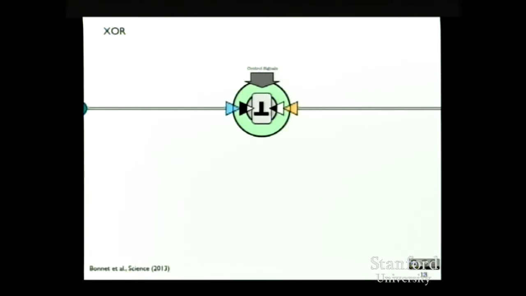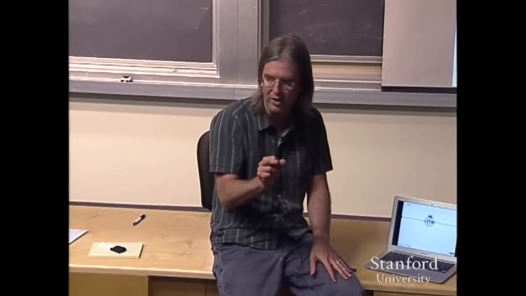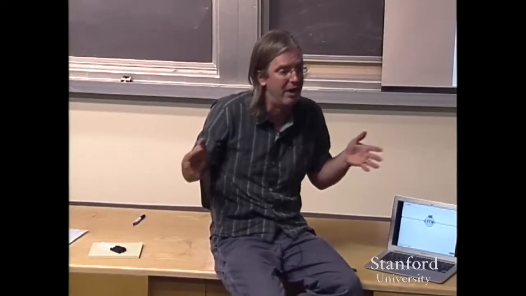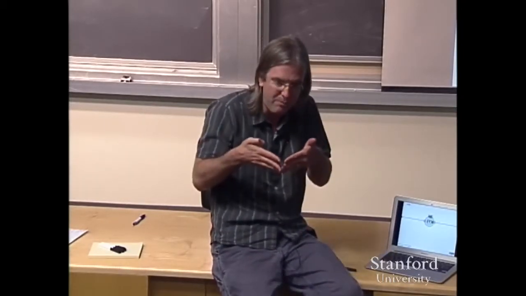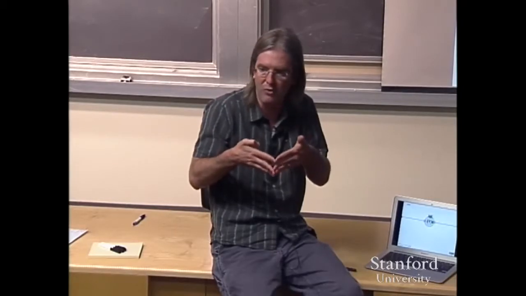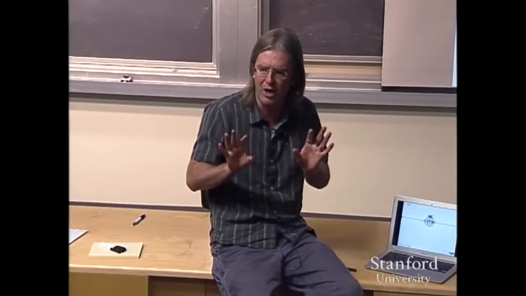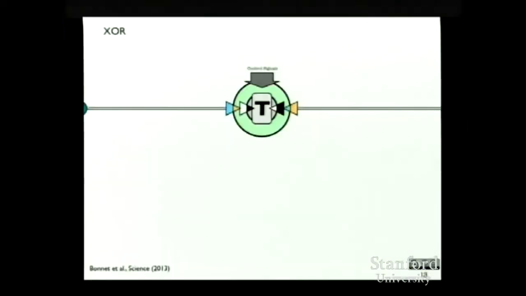But if the second control signal comes in, the whole package flips again. So I'm able to integrate multiple control signals at a single point on my DNA wire. It'd be like having a transistor, I don't know if this can be done or not, have the same transistor switched by multiple signals coming into the wire at the same point? That's what I think we're doing here in the DNA. And as a result of that architectural feature, we can implement an XOR in a single layer, right?